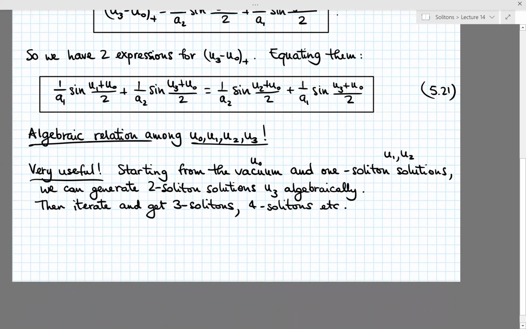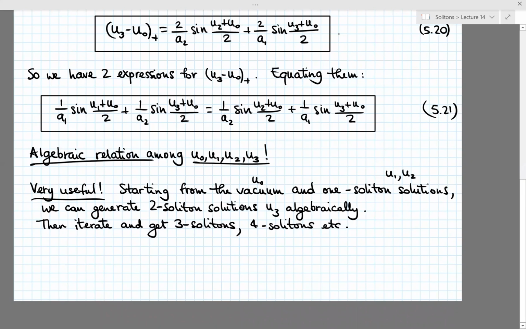So what we found by looking at the Backlund transform of the sine-Gordon equation and by using this theorem of permutability that tells us that there are two ways of getting the same solution by a double Backlund transform is in essence a form of a nonlinear superposition principle.